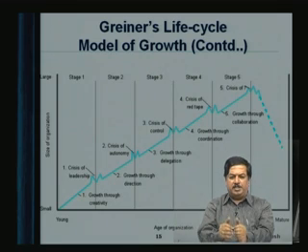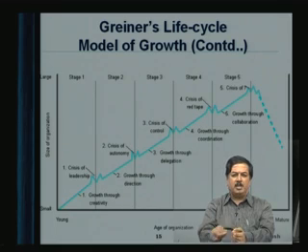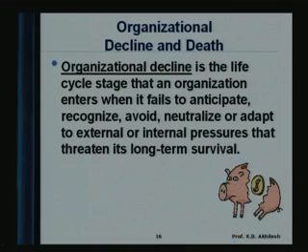Each time, whatever we do leads to another stage of crisis and another level of functioning, and that leads to another crisis, so it is about continuously managing these things. Greiner's life cycle model of growth is a very interesting model to understand. The crisis can lead to the decline or even death of the organization, but successful handling can always lead to better performance.